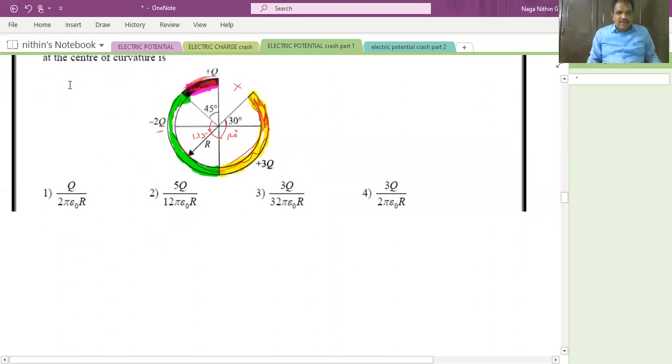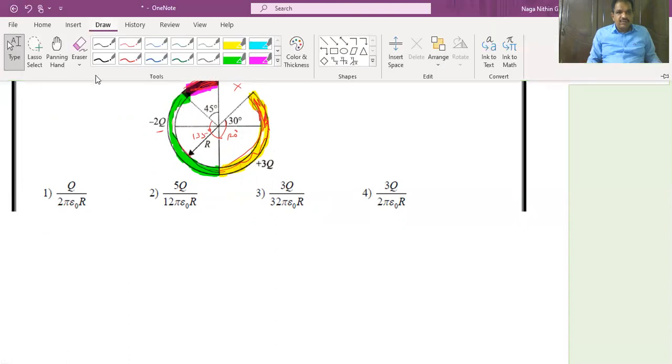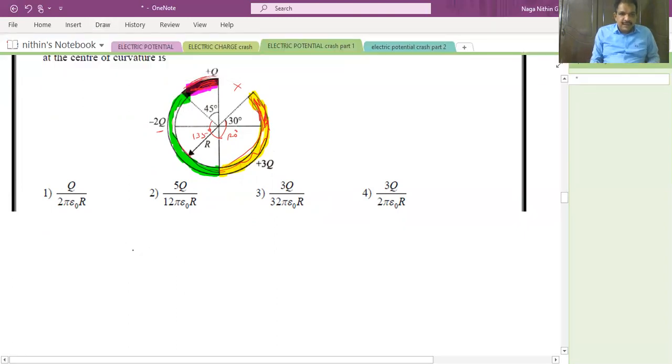So basic formula only: V is equal to 1 by 4 pi epsilon naught Q by R. So 1 by 4 pi epsilon naught, and the charge on the surface, total charge, how much?